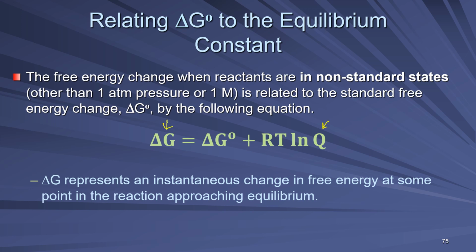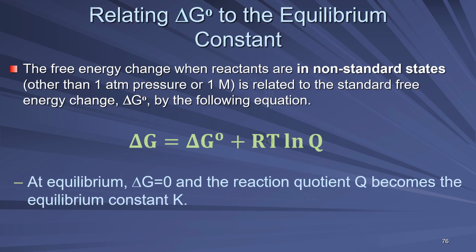Since we have Q, which is that quotient, we're not at equilibrium yet, and so this equation holds. But once we get to equilibrium, then Q becomes K, and delta G becomes 0. So the delta G of that reaction becomes 0, and Q becomes K.